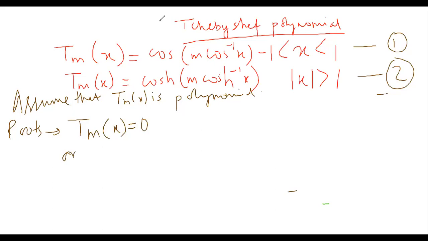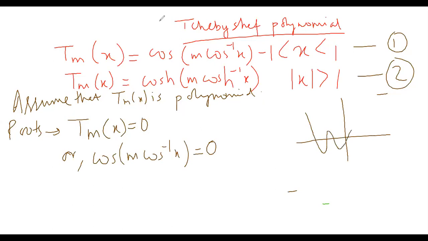Now, how is it done? Cos of m cos inverse x is equal to 0. Can you tell me why I am taking equation number 1 and not equation number 2 for evaluation of the roots? Okay, without wasting time, I am giving you the answer. If you remember the diagram that I have drawn, these are the roots.